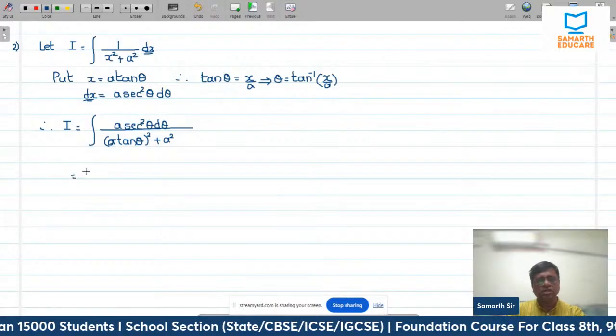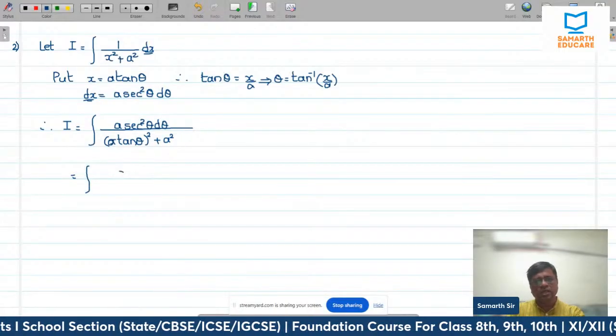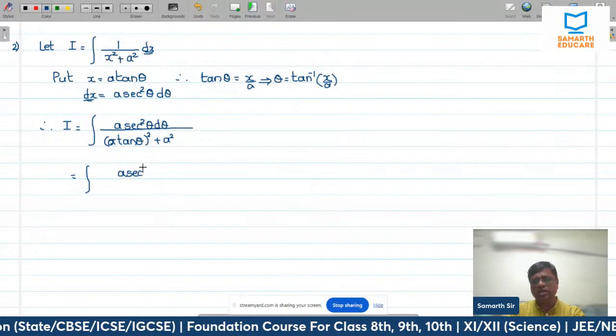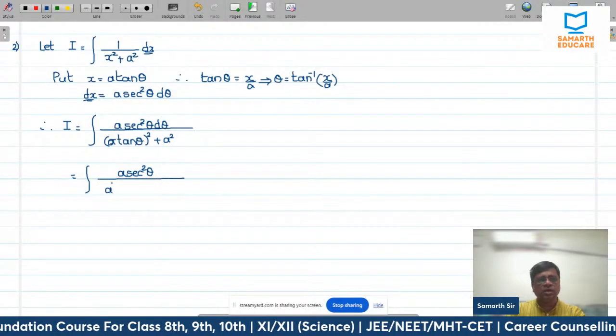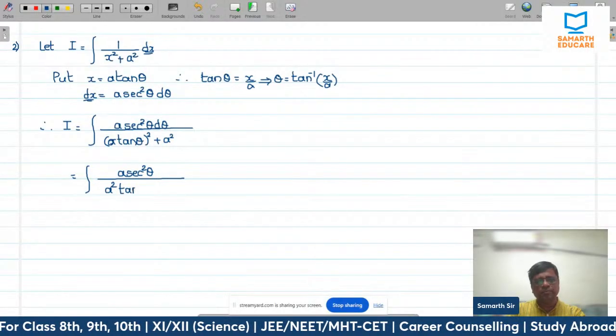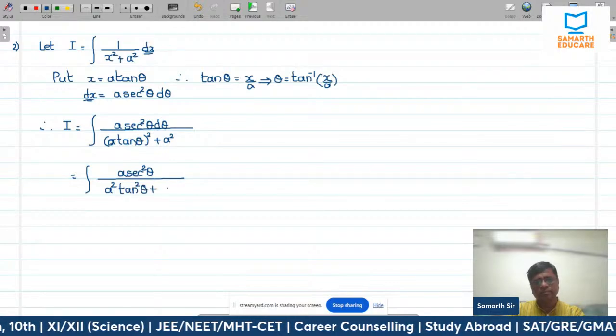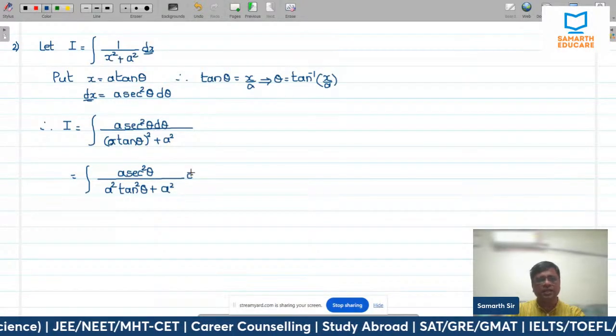Now that is equal to a sec square theta divided by a square tan square theta plus a square d theta.